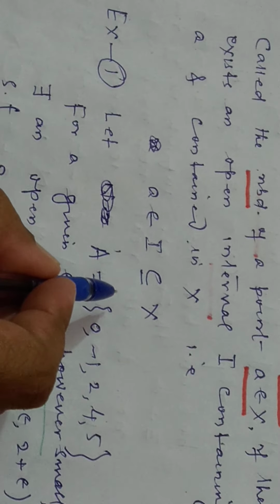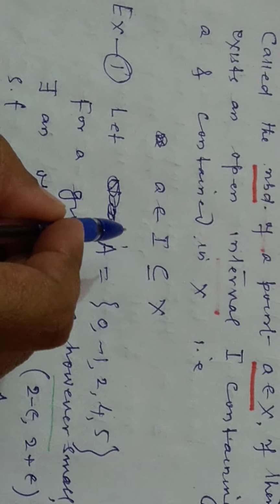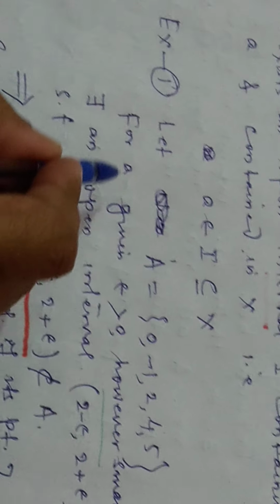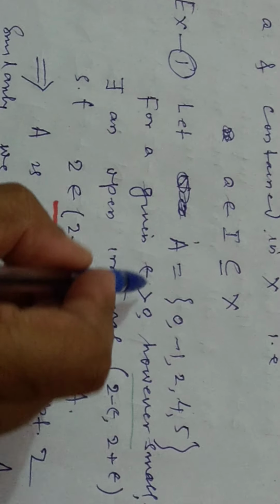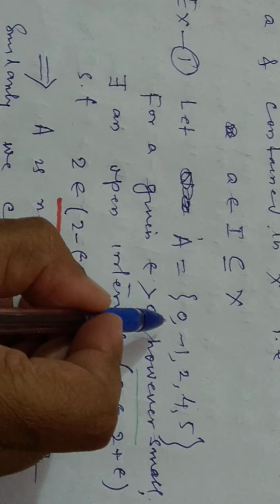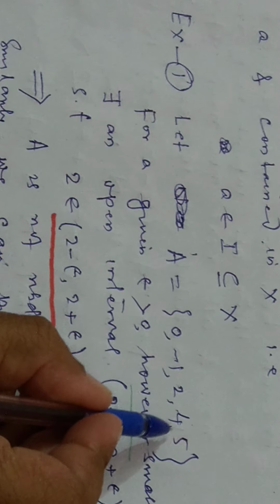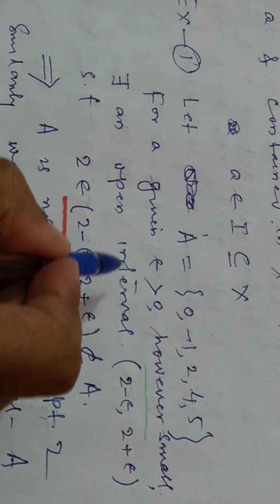And now let us see the concept of neighborhood of a point with the help of different examples. First, we take a finite set. Let A be the set which contains 0, -1, 2, 4, 5 as its members.